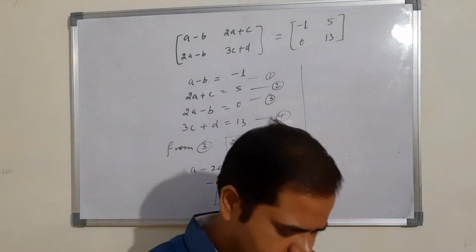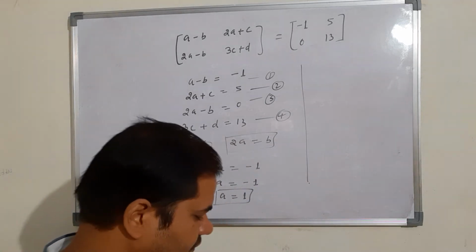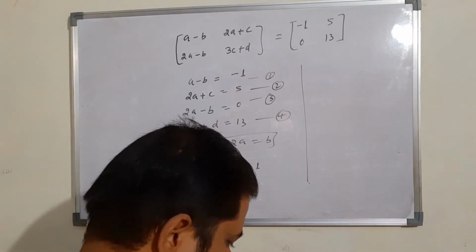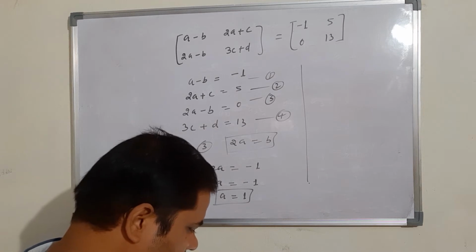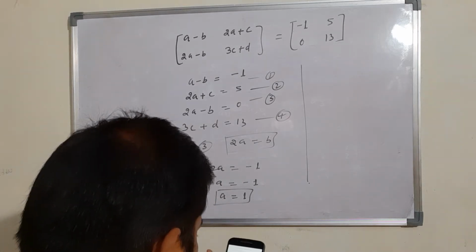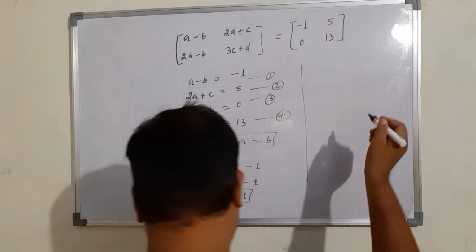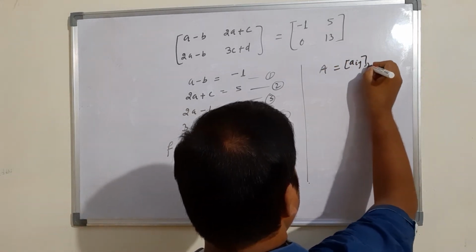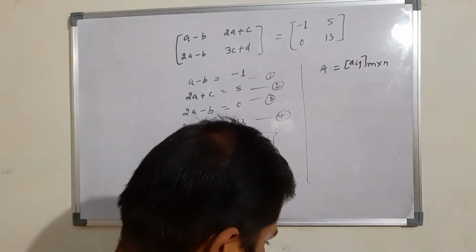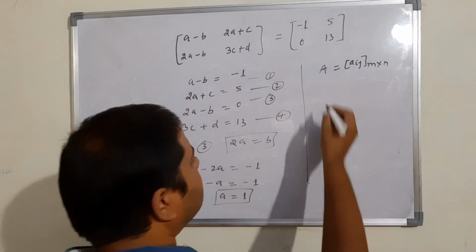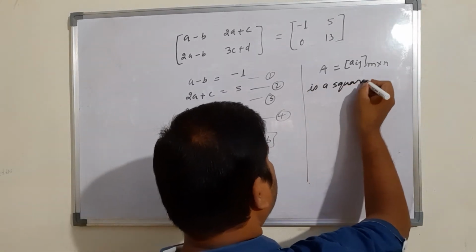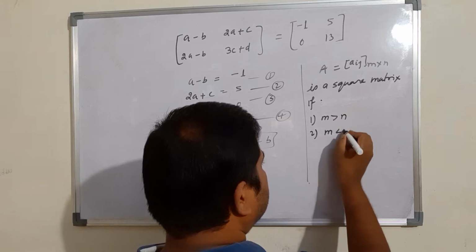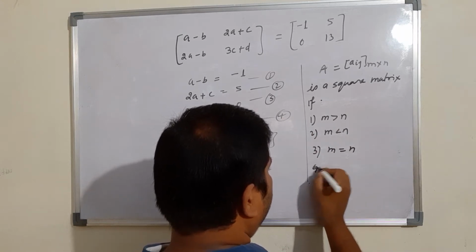Now let us begin the next question. If A is equal to [aij] of order M cross N, this is a very important question. A is a square matrix if: M is greater than N, M is less than N, M is equal to N, or none of these.